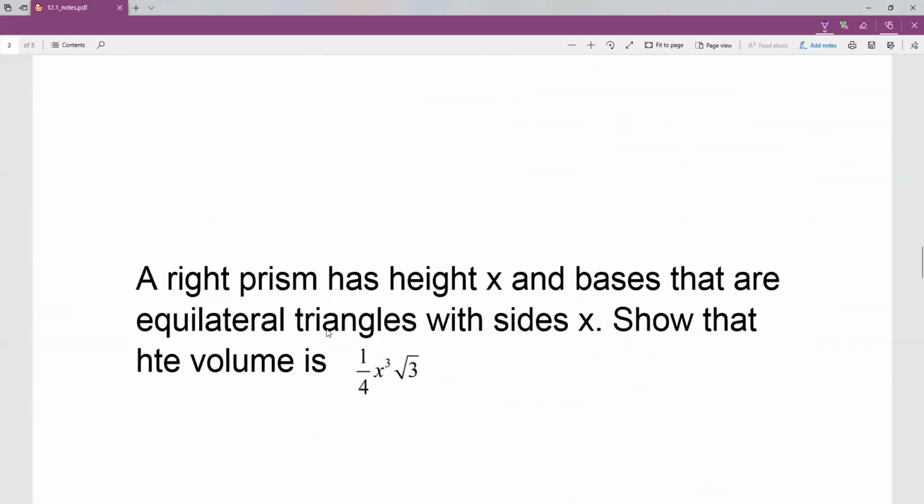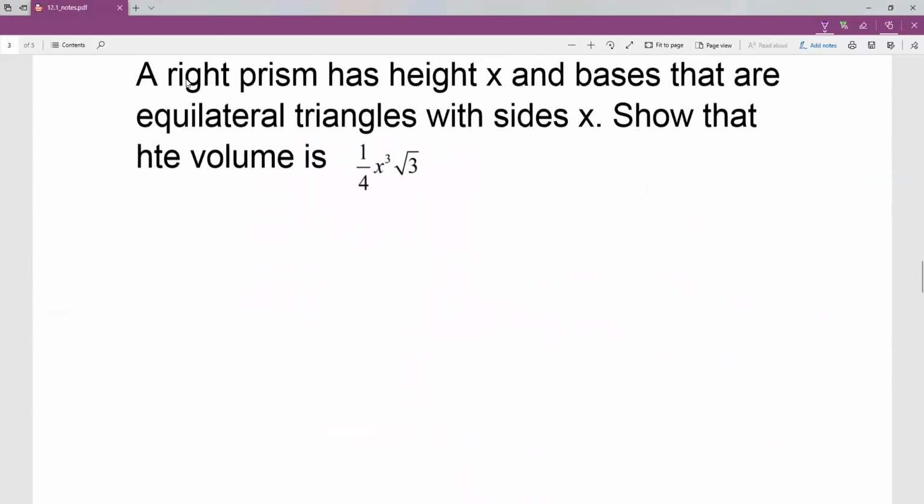Okay, moving on. Next we have a right prism with a height of x and bases that are equilateral triangles with side x. Show that the volume is that. So all we have to do, to start off, is draw a picture.